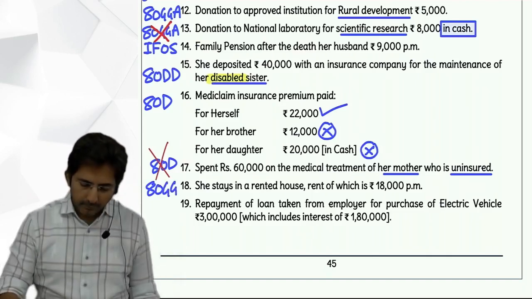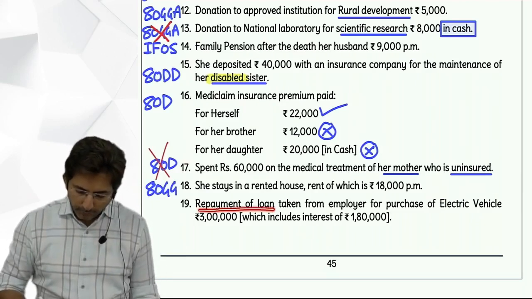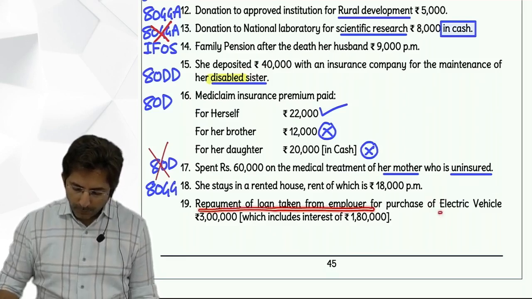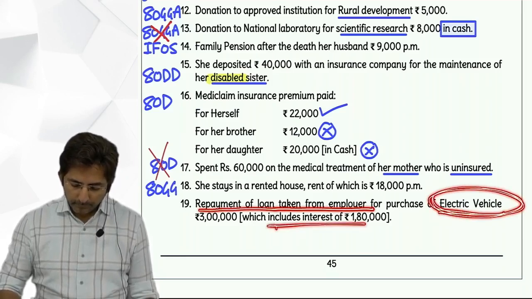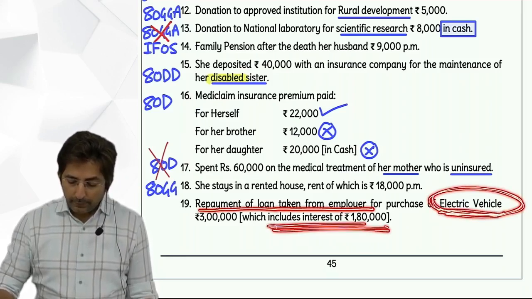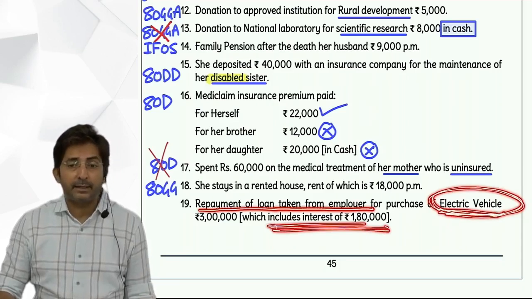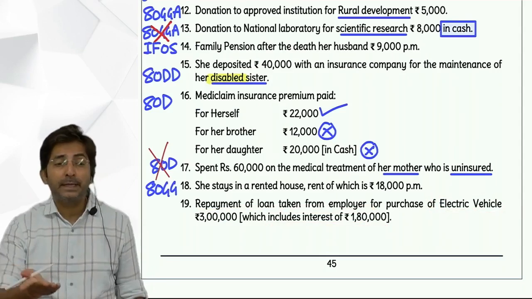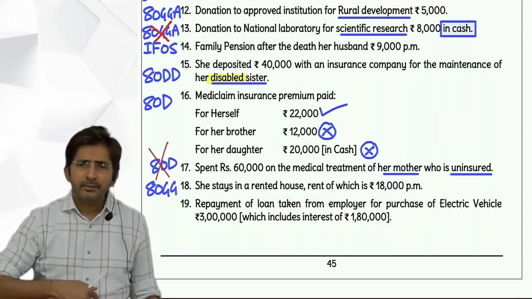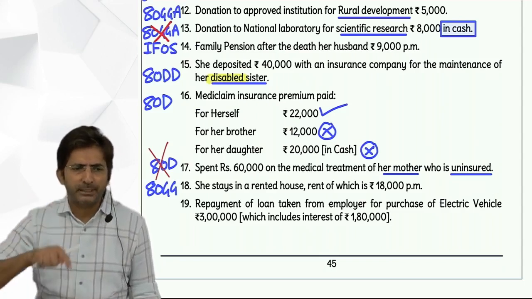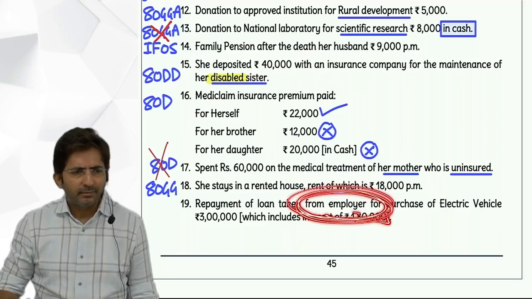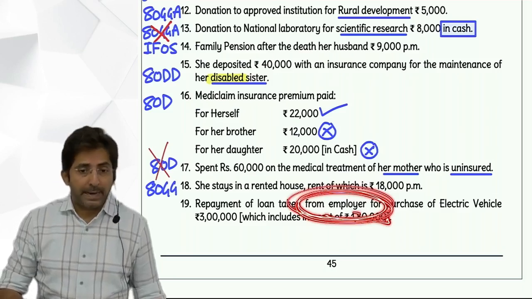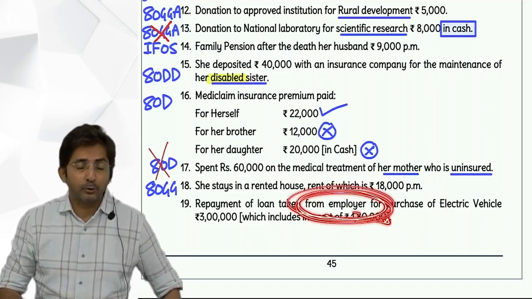Then, repayment of loan taken from employer for purchase of electric vehicle. Looking at electric vehicle loan, everyone will get carried away by 80EEB. But in 80EEB, the loan should be taken from whom? Banks, financial institutions, NBFC. Here you have taken the loan from an employer. Yes, your employer may be a bank, but why assume that way?